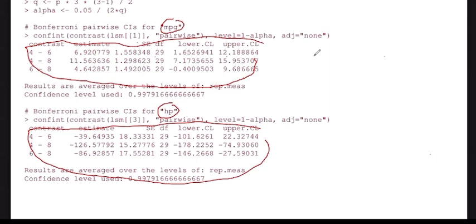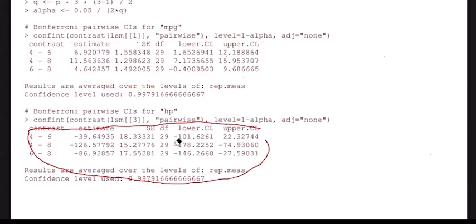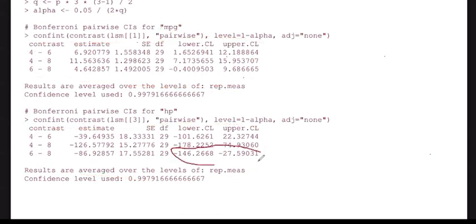In my decision, please pay attention. Based on your question, negative to negative. Oh, sorry, what am I saying? Negative to negative, there is a difference. Why do I say there is a difference? Negative to negative, no zero in the interval.